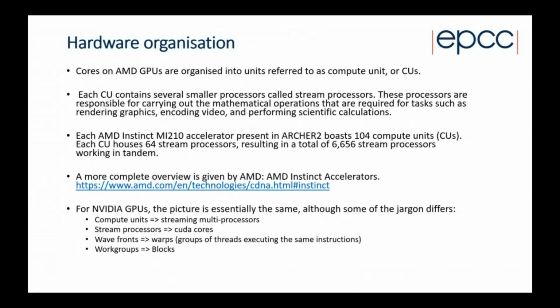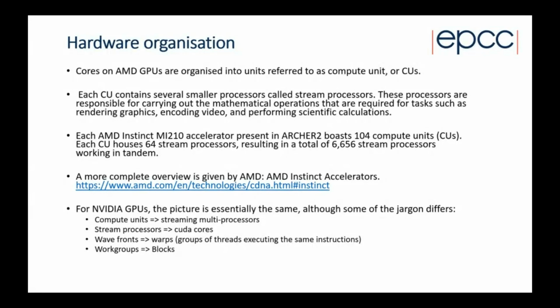For each AMD Instinct MI210 GPU that we have at ARCHER2, we have 16 of these GPUs, 4 per node. There are 104 compute units. Each compute unit has 64 stream processors, which means we have 6,656 stream processors that can work in tandem on a GPU.